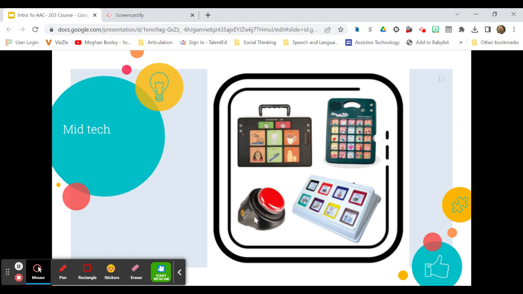This red button here is an example of a switch. So you can record different messages on there, and the student would just press it. Sometimes we can attach icons underneath that plate, which is helpful as well.